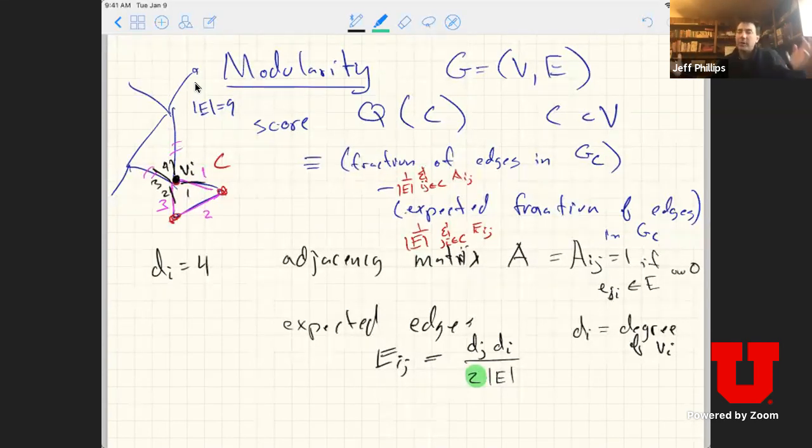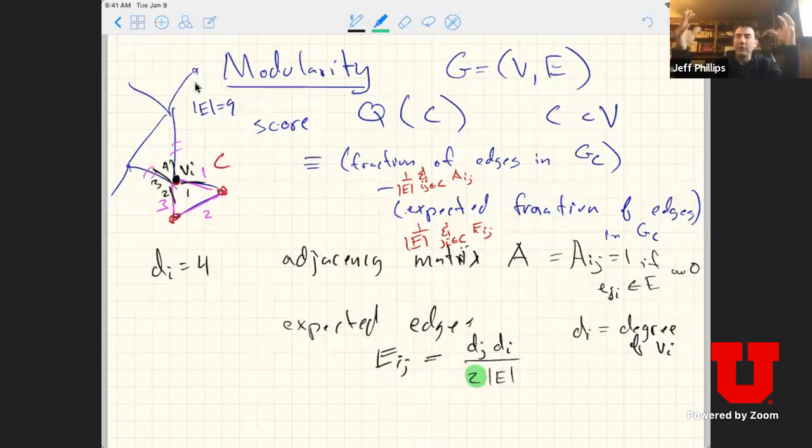So the sum of all the degrees is going to be twice the number of edges. The important concept here is that the expected number of edges is going to be proportional to the size of the degree. Just by having a high degree is not necessarily going to be an important subcluster.